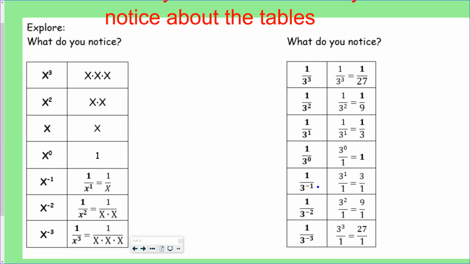Notice that my 3 to the negative 1 now moves up on these 3. So whenever I have a negative exponent and it's in the denominator, I have to move it up in order to change it to a positive exponent. We never want to keep negative exponents in our final answer.